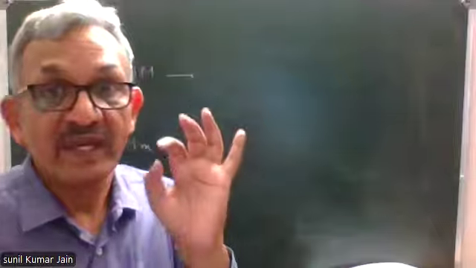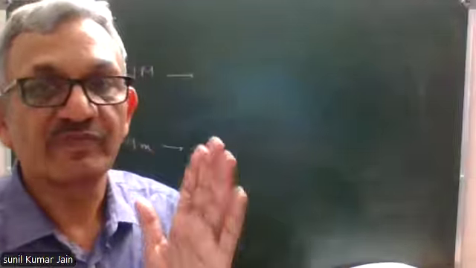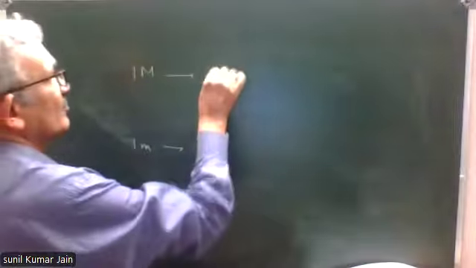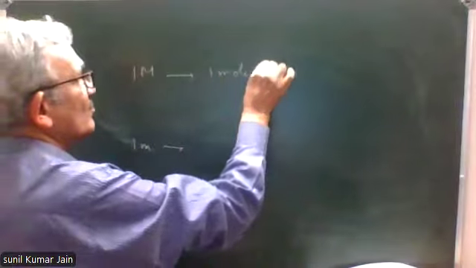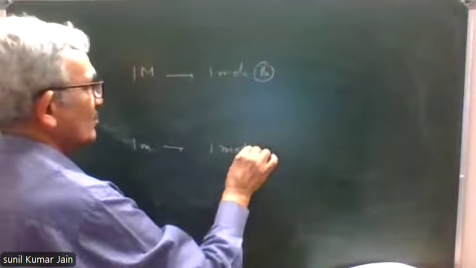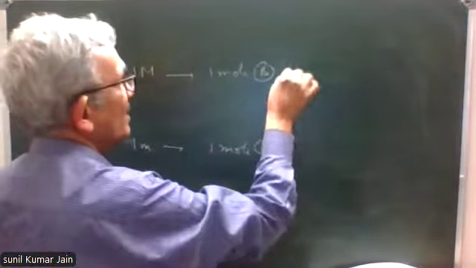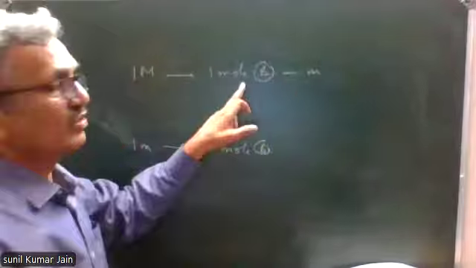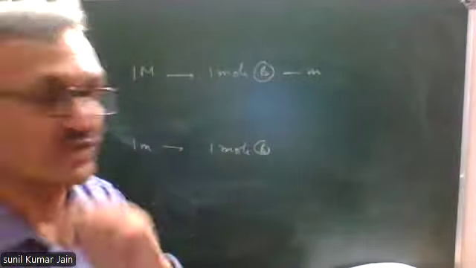See the explanation. In both the solutions, there will be 1 mole of solute. In the molar solution, this 1 mole of solute is present in 1 liter of the solution.